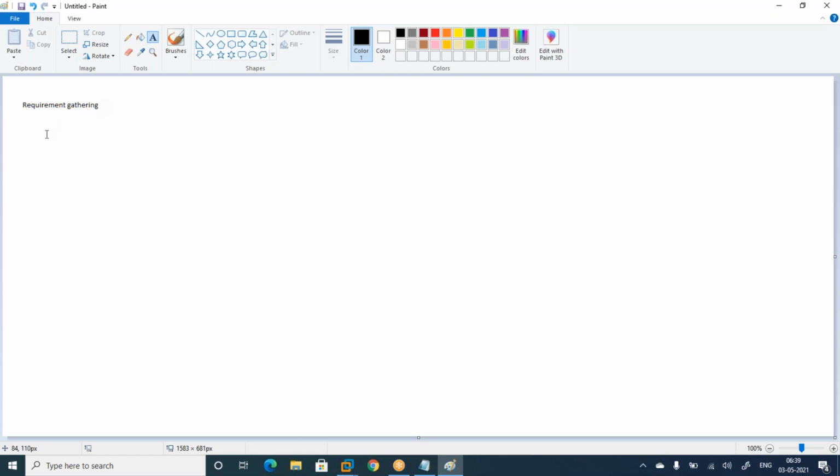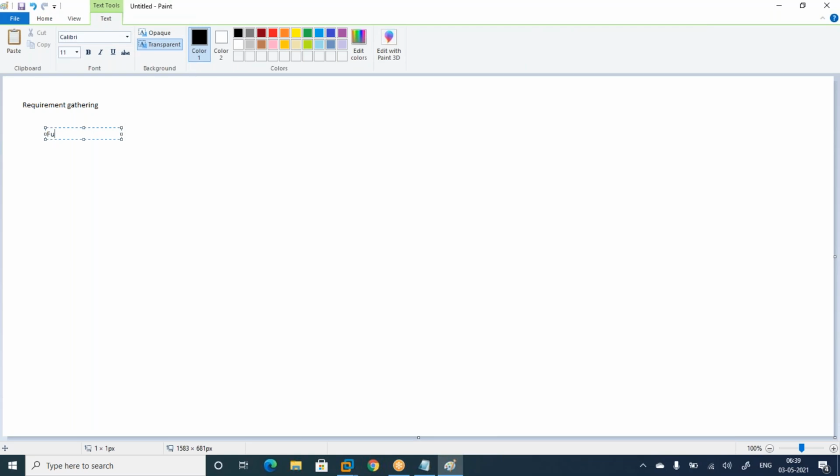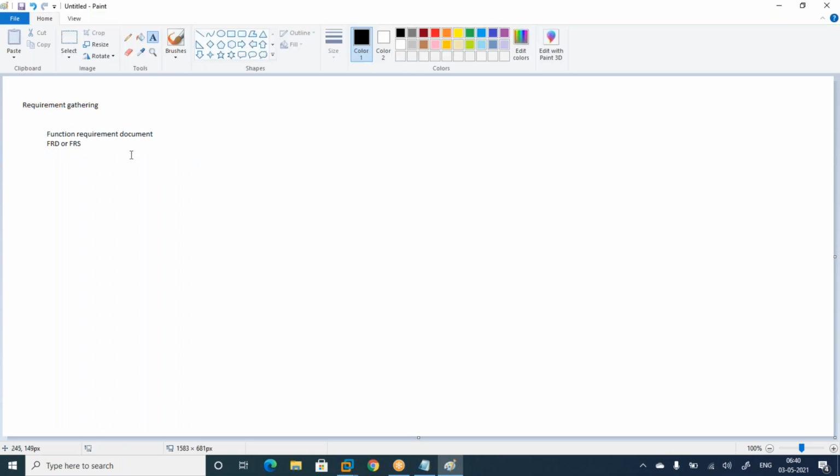Next one is the functional requirement document, FRD or FRS, functional requirement specifications or functional requirement document.